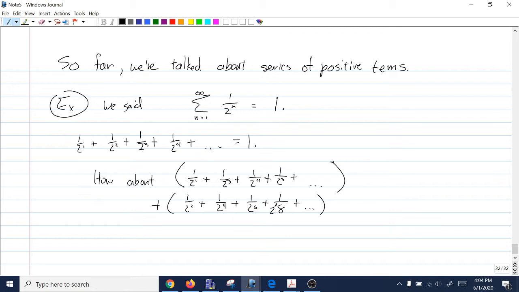Here, this is 1/2, 1/8, 1/16, 1 over 32. If I think about consecutive terms, we're multiplying by 1/4 every step, right? So this is also geometric.